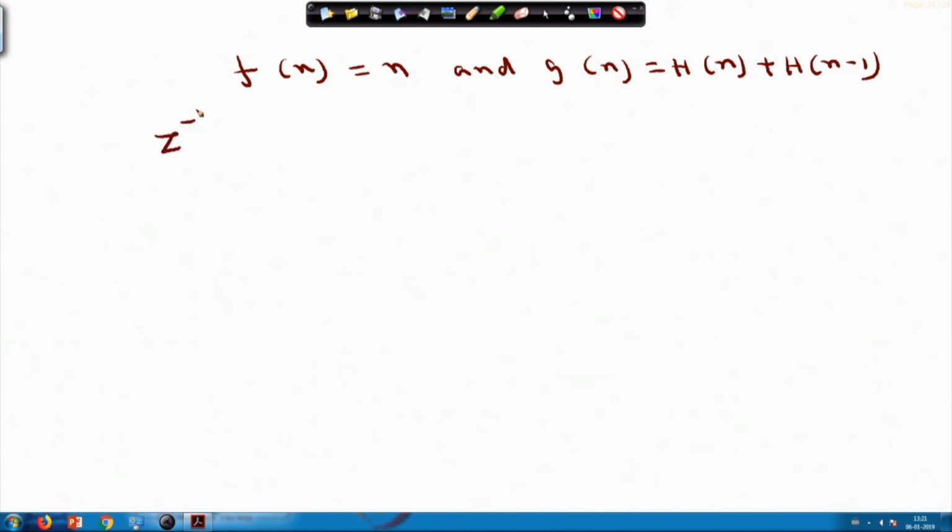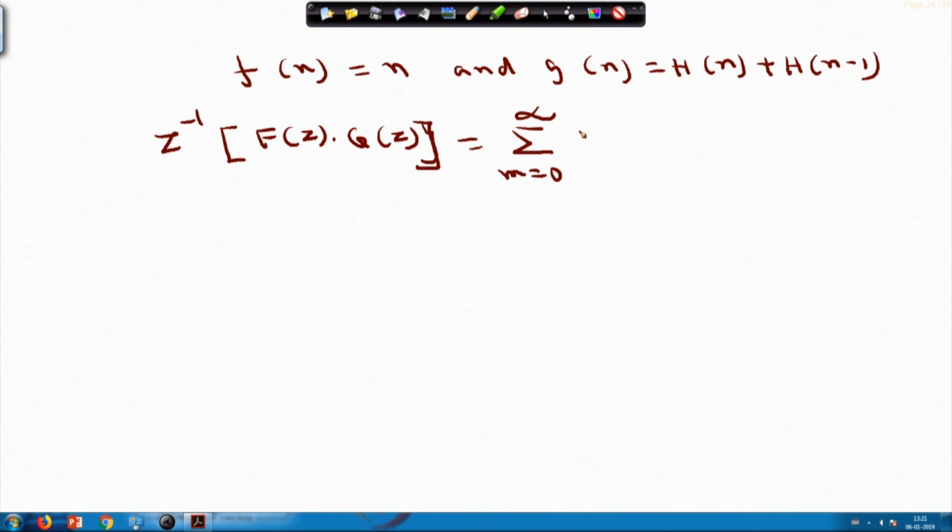Now, using convolution theorem, I can write down inverse z transform of capital F z into G z. This is equal to summation m equals 0 to infinity f m into g of n minus m.